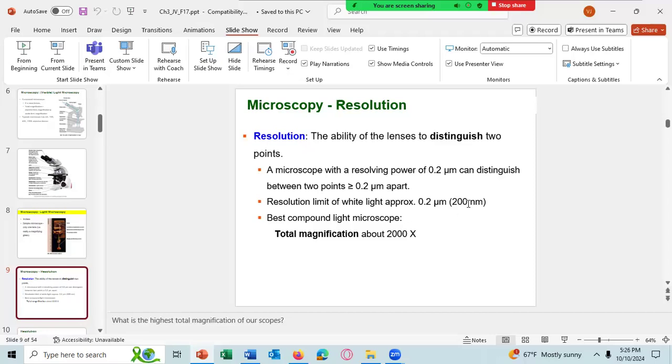It would just be empty magnification because it would not see two points smaller than 200 nanometers apart as separate, because of the properties of white light. Any question about any of that?